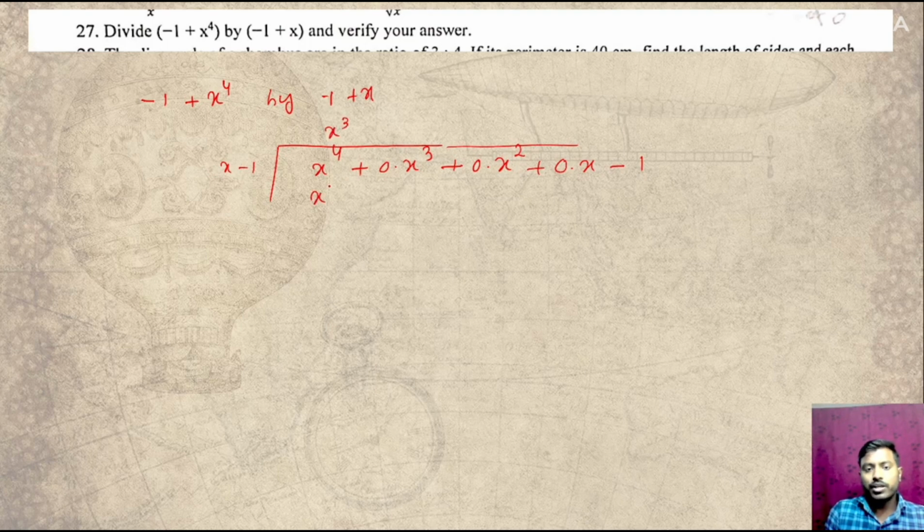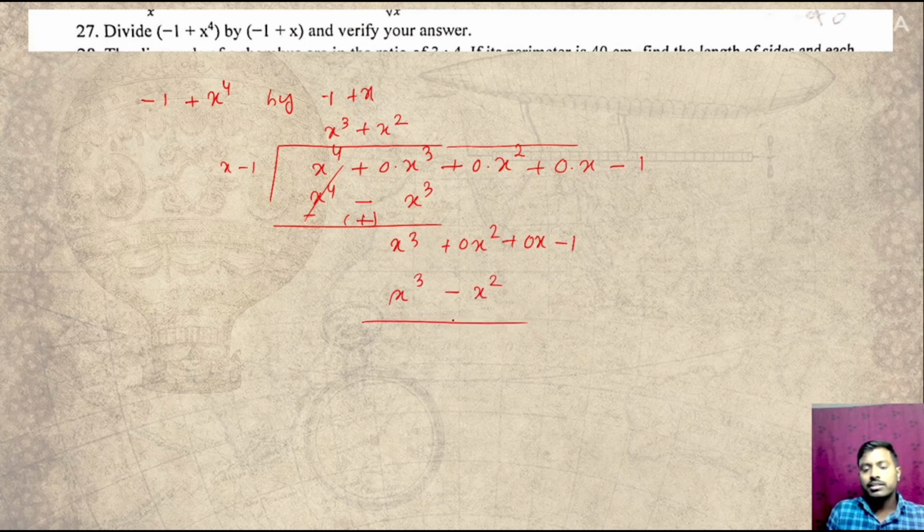Now multiply, plus minus minus x to the power 3, change the sign, plus minus cancel, x cube plus 0x square plus 0x minus 1. Again plus x square equals x to the power 3 plus minus minus x square, change the sign, cancel, then x square plus 0x minus 1.